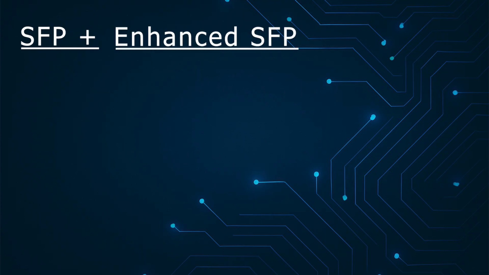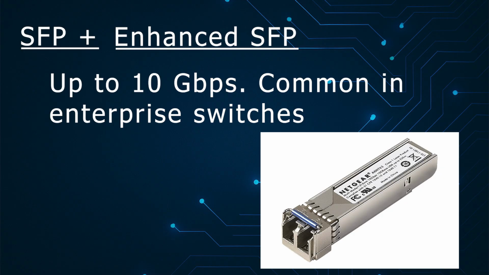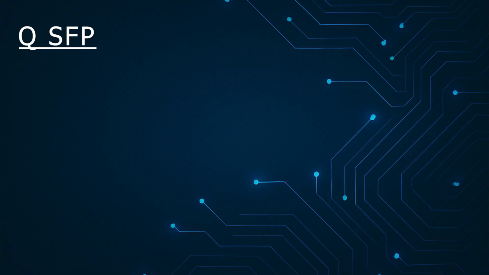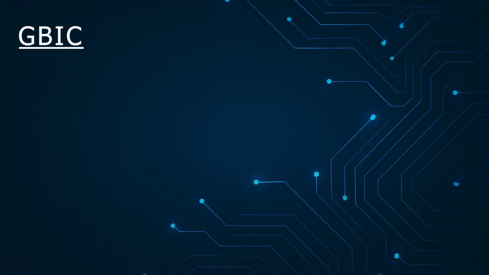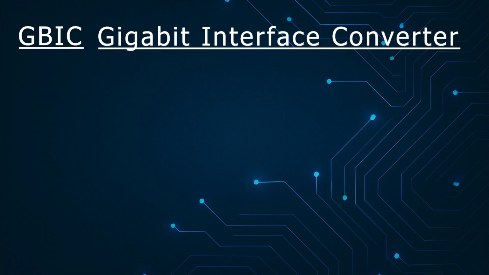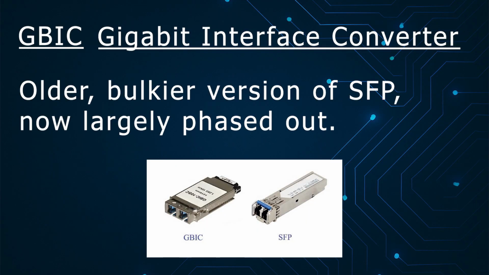SFP Plus is Enhanced SFP, up to 10 GB a second, common in enterprise switches. QSFP is Quad SFP, 40 GB a second or more, used in data centers and high performance equipment. GBIC stands for Gigabit Interface Converter. It's an older, bulkier version of SFP, now largely phased out.